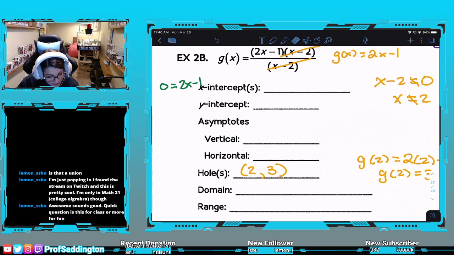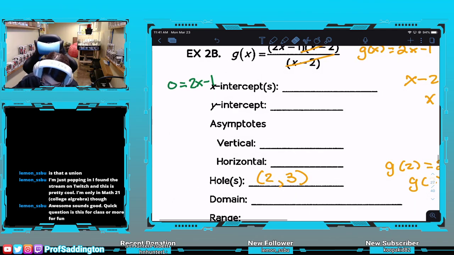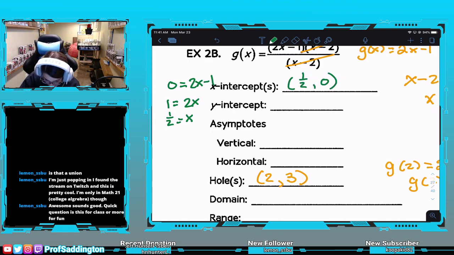Sorry, I'm kind of squishing this in here. So we're going to add 1. Ah, my marker. Okay. So we have x equals half. So that's going to be 1/2 comma 0.